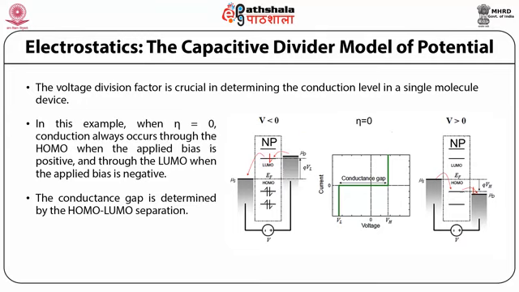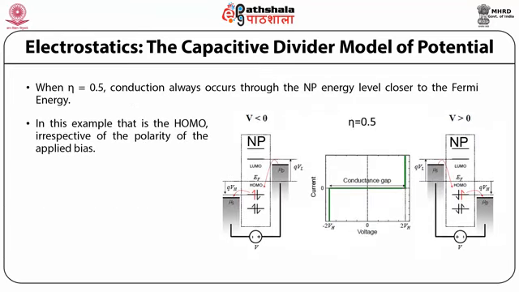Hence, the current-voltage characteristics of this device will exhibit a gap around the zero bias that corresponds to the HOMO-LUMO gap of the nanoparticle. Students, as you can see in this figure, the conduction always occurs through the HOMO when the applied bias is positive, and when the applied bias is negative, the conduction occurs through the LUMO.